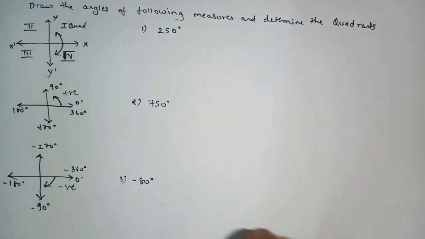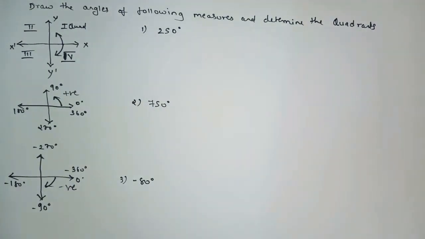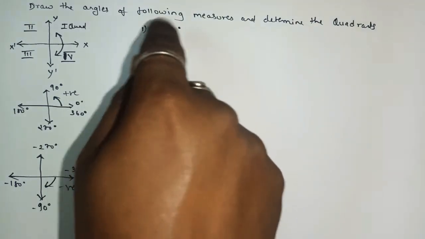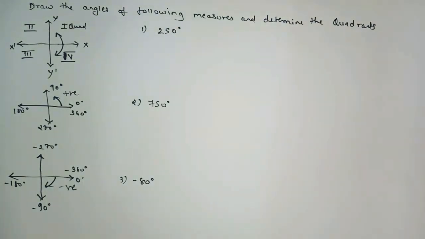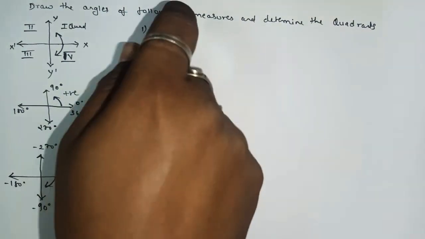Okay, so now we'll see how to present your sum, how to draw the diagram for the particular given angle. Okay, as the first one here is what? It is 250. First try to predict the angle, as 250 is what? Positive angle. And we know that if it is a positive angle, first you have to decide where it will lie.